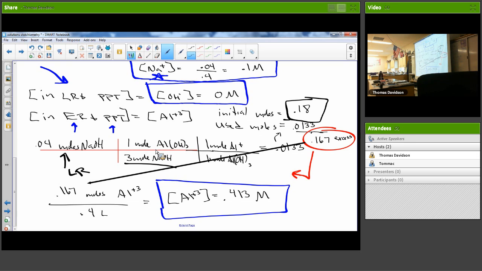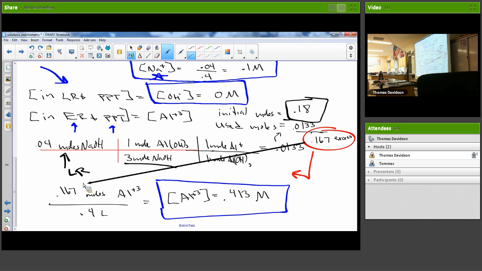All right, now this little arrow is indicating this is the amount of moles used up from the amount of limiting reactant present. So now we take the initial, we minus the used, and we get 0.167 excess. And a lot of you might end there, and you're really close, but you're a little bit wrong.